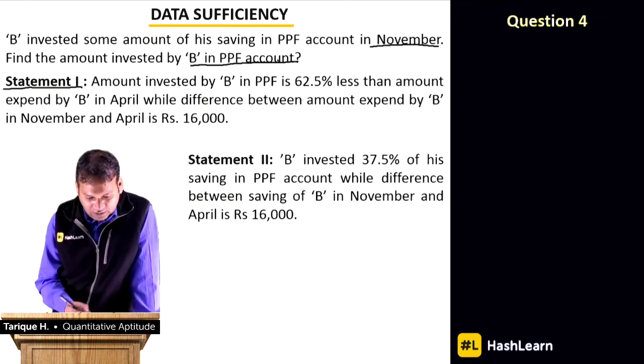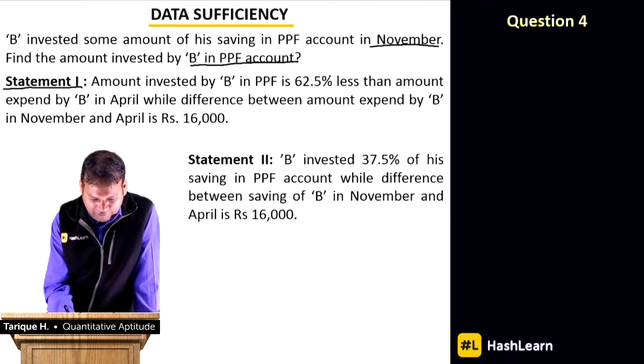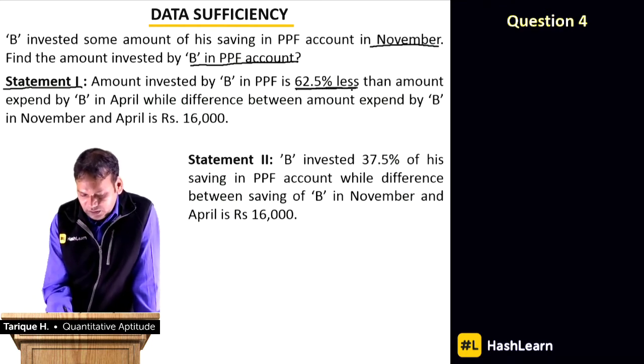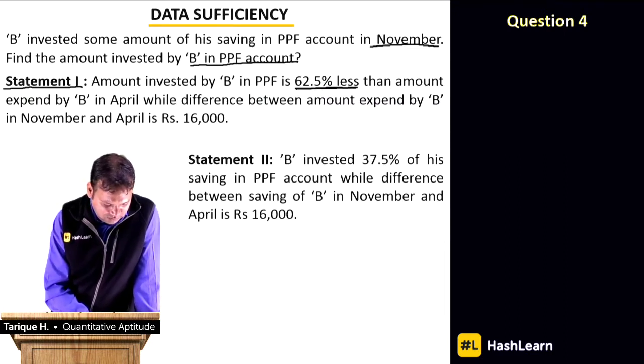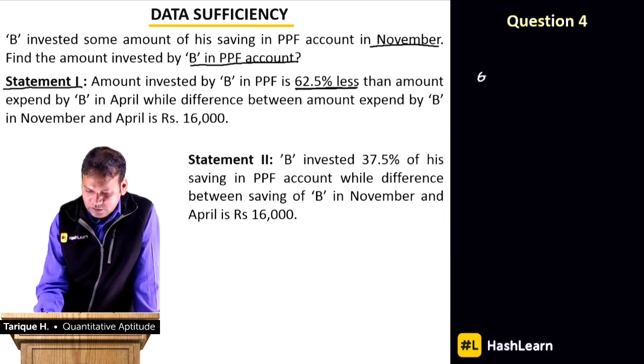Let's see here. So 62.5% less. What is 62.5%? We see here 62.5% is equal to 5 by 8. Now 1 by 8 is 12.5%.